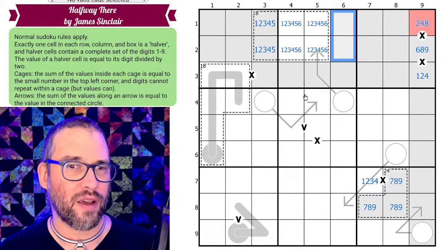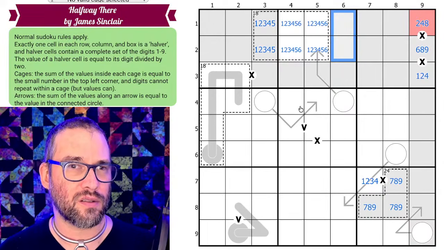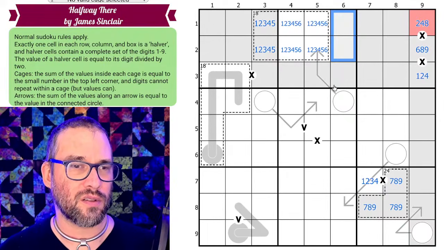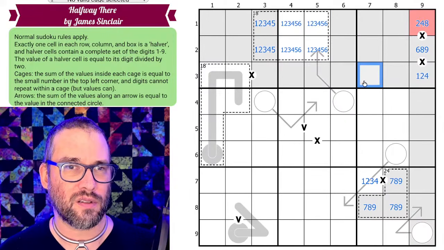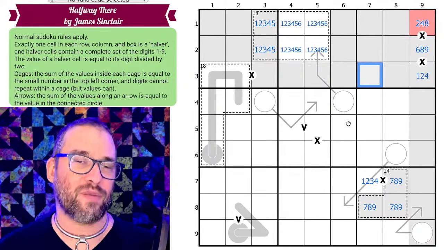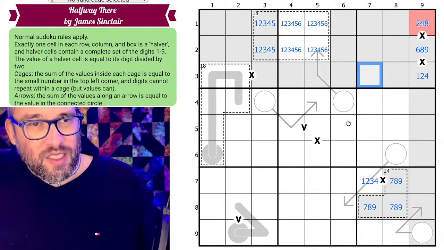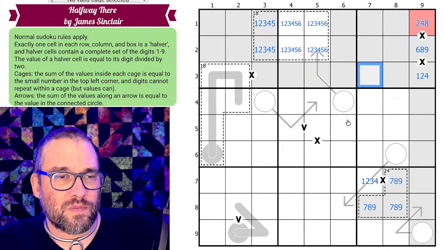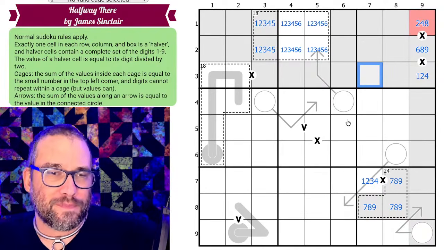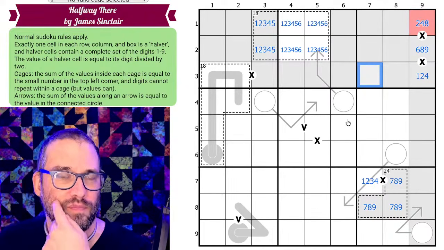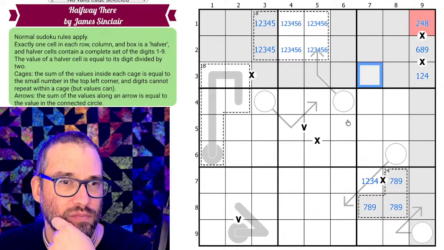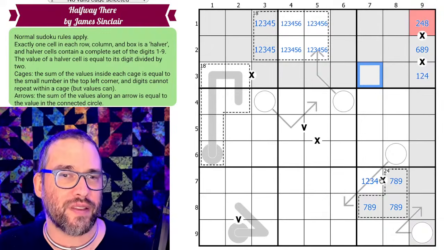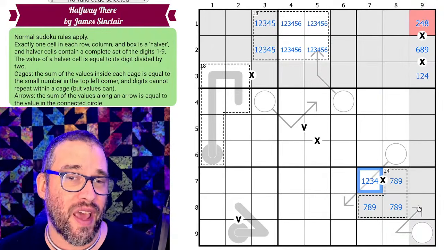Where can't we do a half 3? We have to have a half 3 somewhere in the puzzle. We're not saying this isn't half. We're saying it could be half.